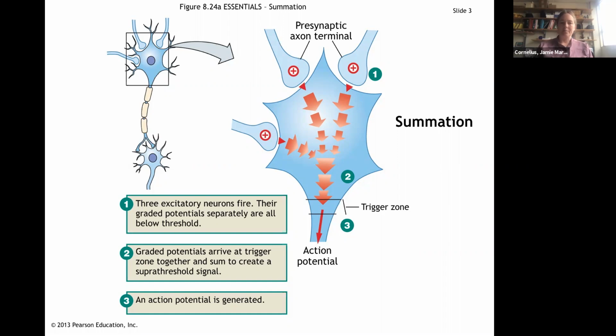So in this example, they're showing 3 different presynaptic axons that are all stimulating the postsynaptic neuron. All 3 of those are causing depolarization events, excitatory postsynaptic potentials. And so those 3 are summing and triggering an action potential in the cell down at the axon hillock, where you get your first voltage-gated sodium channels.